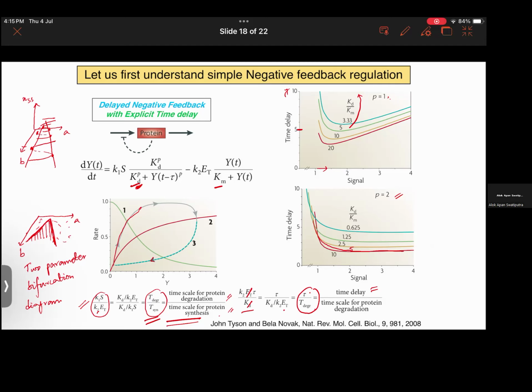You see, now you need much lower time delay and almost the same signal strength. Therefore, from this, do you understand that to bring in oscillations in a system, you need two things. Either you need sufficient time delay or you need sufficient non-linearity.